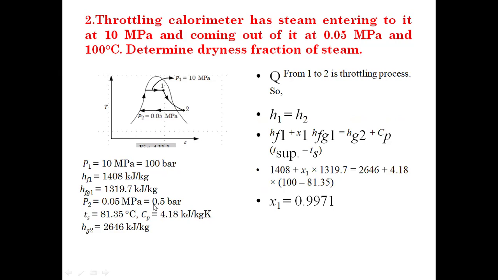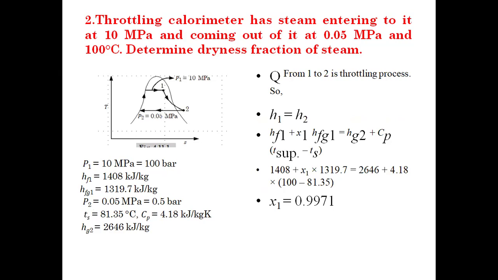P2 is equal to 0.05 MPa equals 0.5 bar, and TS is equal to 81.35 degrees Celsius. Cp is equal to 4.18 kilojoule per kg Kelvin, and Hg equals 2646 kilojoule per kg.